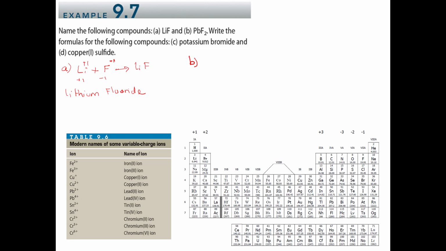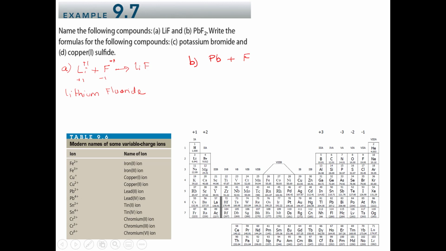We want to know what is the name of the compound if lead reacts with fluoride. Then we have lead plus fluoride. Lead is 82. Let's see, where is lead? Here.